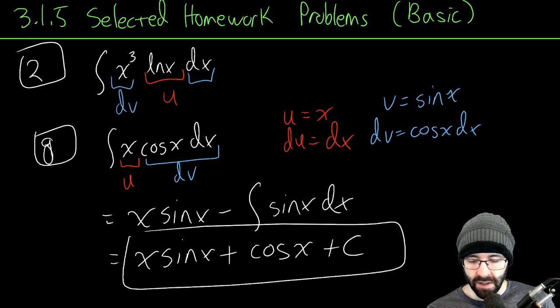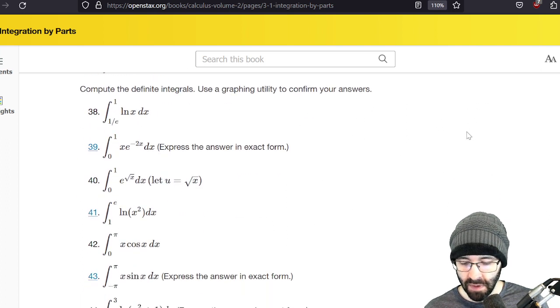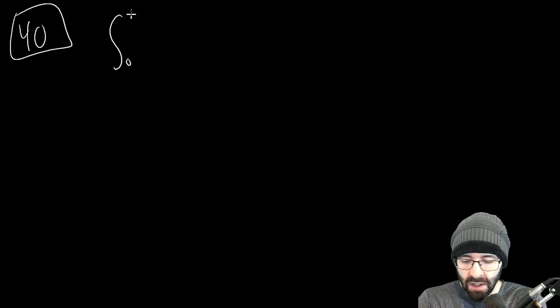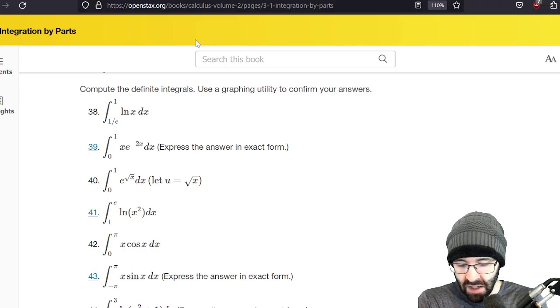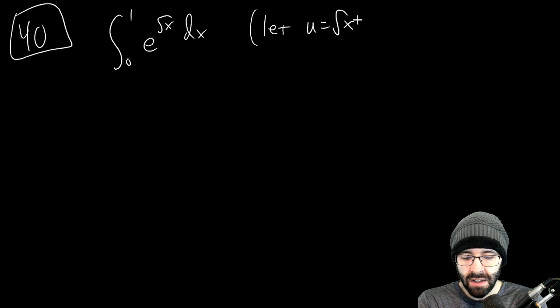All right, let's do the next one. Jumping all the way to number 40. Compute the definite integrals and use a graphing utility to check your answer. Integral from 0 to 1 of e to the square root of x dx. So they nicely tell you to let u be the square root of x.